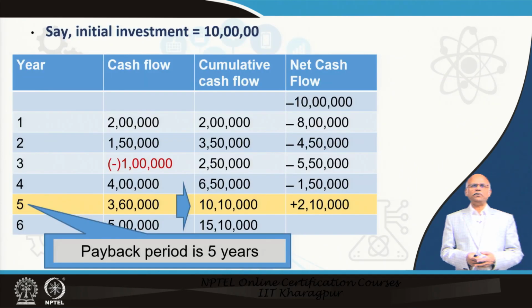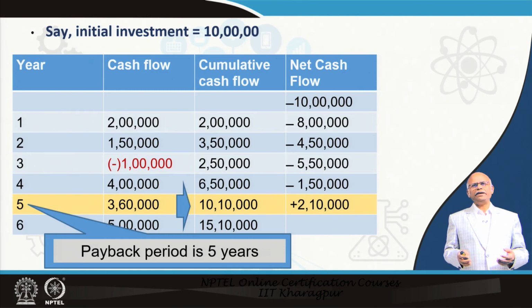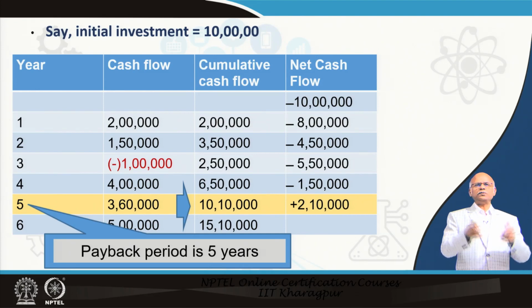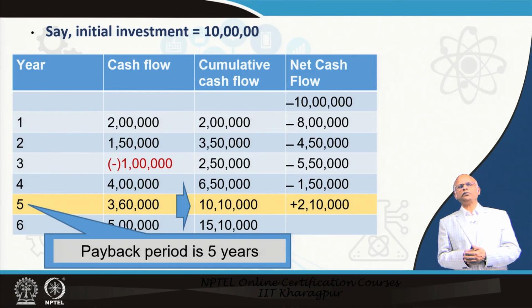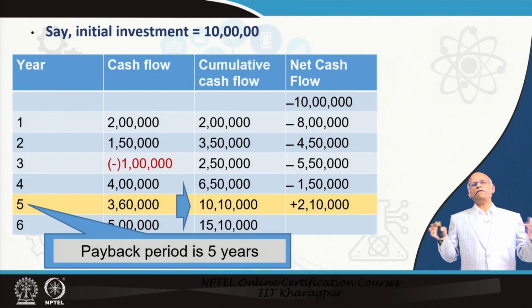Let us take an example. Suppose you have an initial investment of say 10 lakh rupees. Now, suppose your business has cash flow like the first column: 2 lakh rupees in the first year, 1,50,000 rupees in the second year, 1 lakh negative cash flow in the third year, 4 lakh in the fourth year, and the last one is 5 lakh rupees.